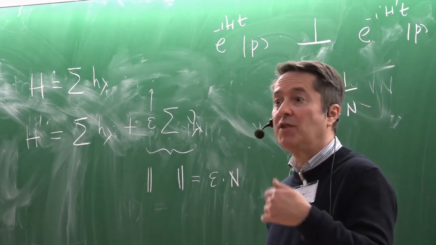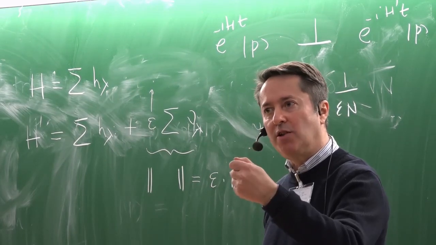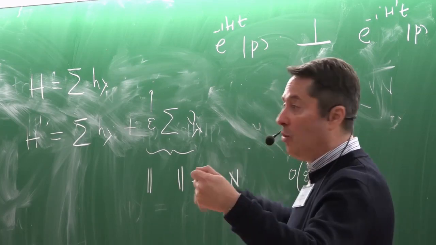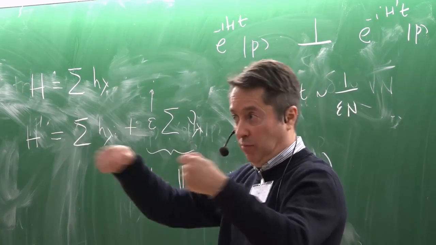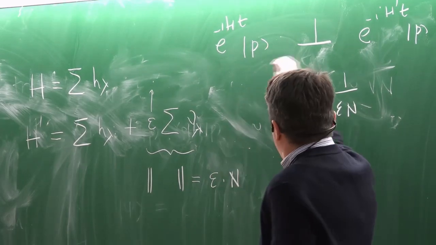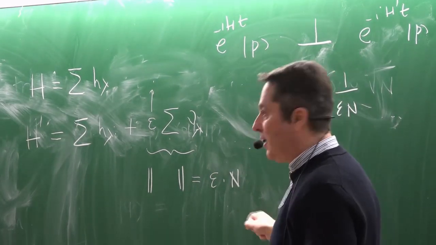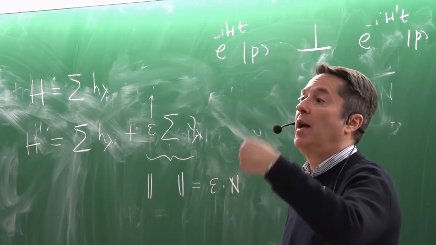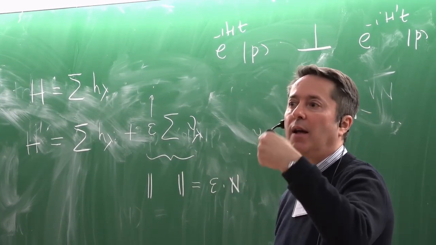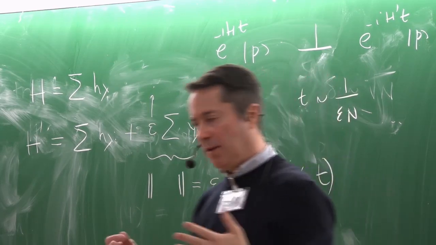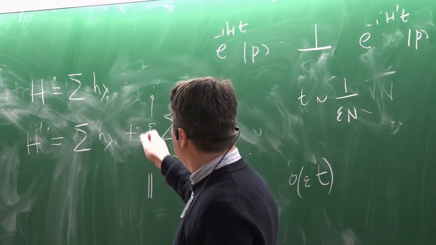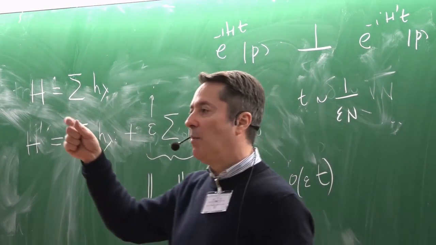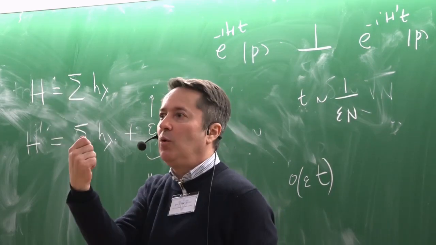Or if you're looking at the ground state and you want to compute the expectation value of some observable in the ground state, even if you use your adiabatic algorithm or whatever you want to do, even though the state is completely orthogonal, you can get your expectation value of your observable not with an error epsilon times n, but with an error epsilon. So in other words, the fact that you have extensive errors here, proportional to n, is somehow cancelled by the fact that you're looking at a local observable.